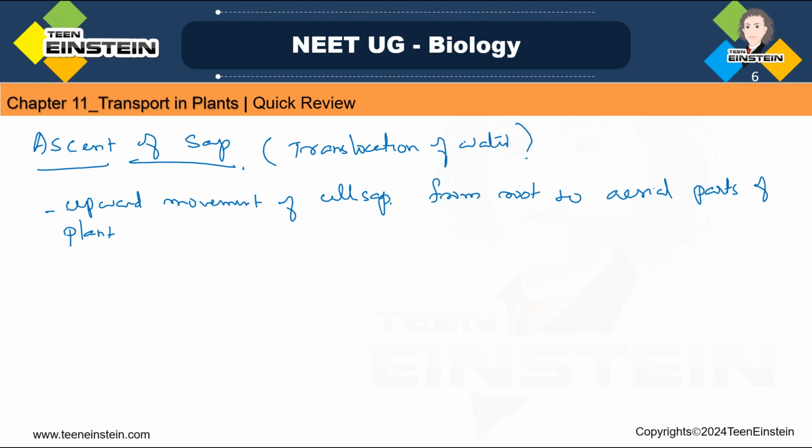So the upward movement of cell sap from roots to aerial parts of plant is the ascent of sap.